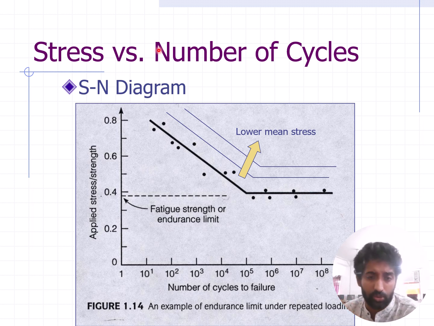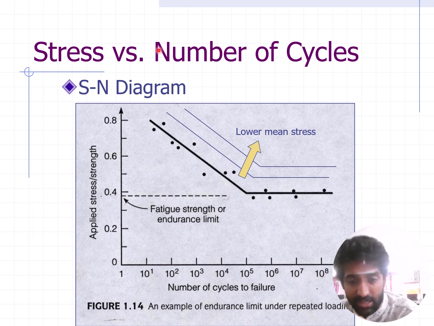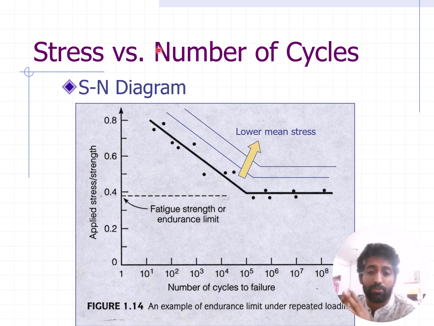So what you need to know is that the number of cycles can be calculated in a way. You plot log of stress versus log of number of cycles. Now, why log? Because the number of cycles can be 10 to the power 1, that is 10, 100, 1000, lakhs, and it can go to crores, and those numbers you cannot plot.